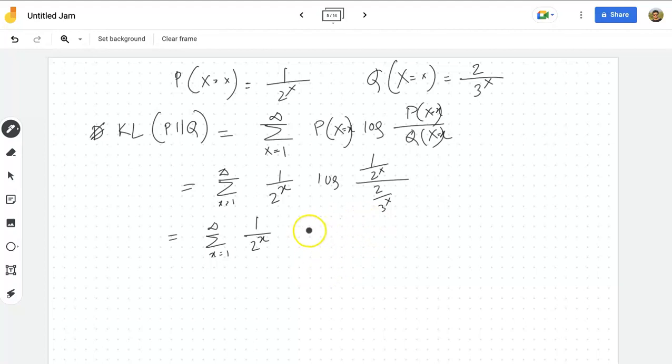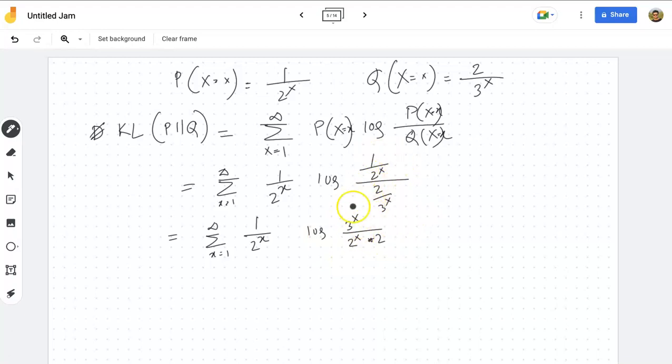It will be log of, just change the thing. So it will be 3 to the power x, okay, 3 to the power x by 2 to the power x into 2. So this is 2. So this is the whole thing.